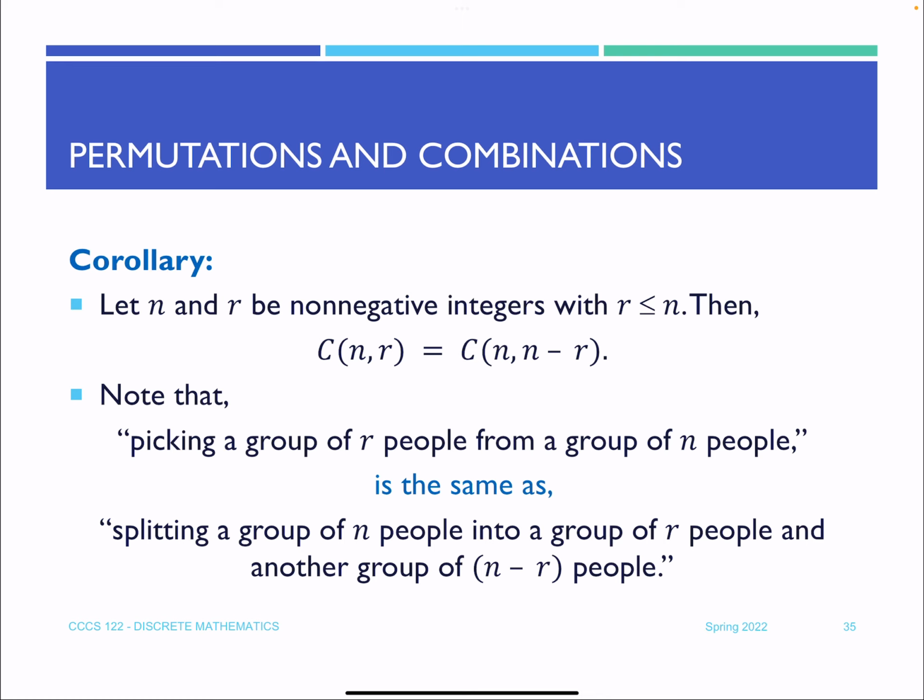So there are just as many ways to select r people as there are to not select n minus r people. When you're making your selection for the group, you're automatically selecting people who will not be in the group. And the number of ways to do that is equal, of course. And that's what this corollary states.